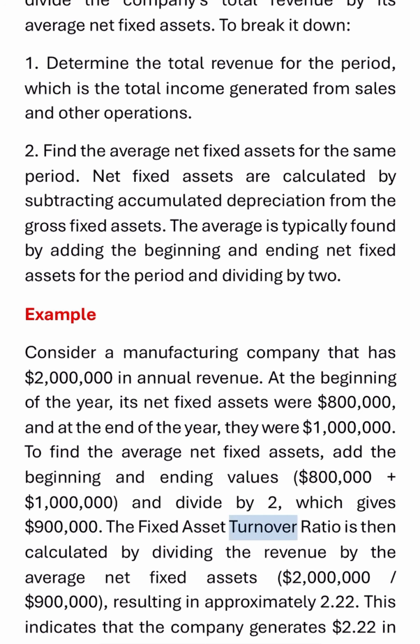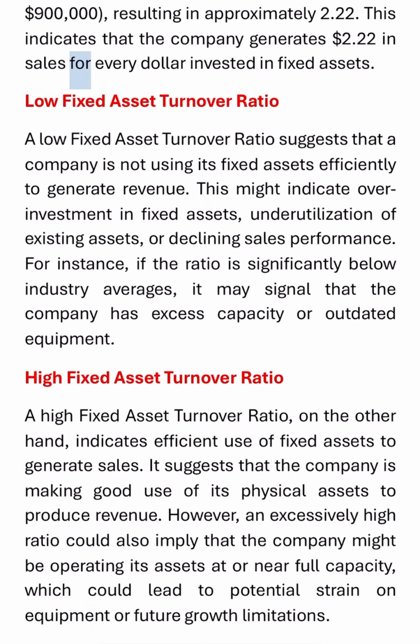The fixed asset turnover ratio is then calculated by dividing the revenue by the average net fixed assets, $2 million divided by $900,000, resulting in approximately 2.22. This indicates that the company generates $2.22 in sales for every dollar invested in fixed assets.